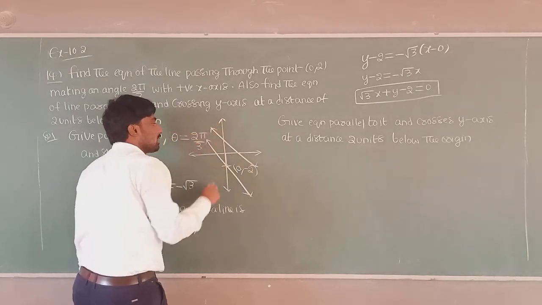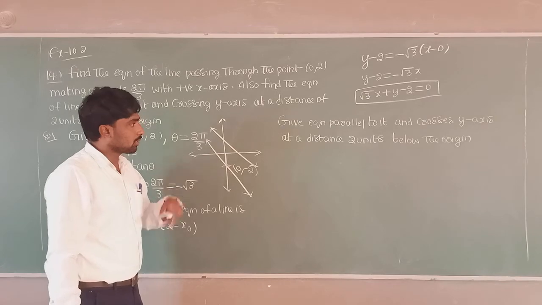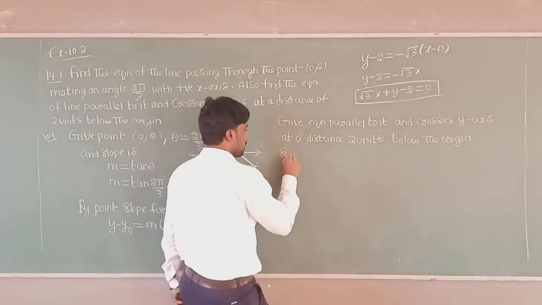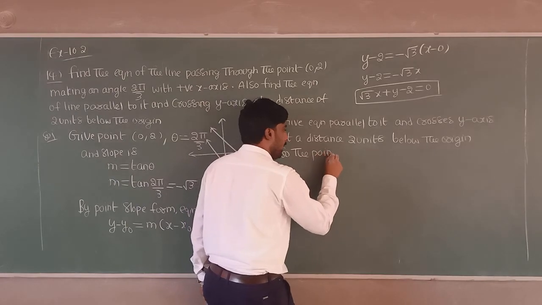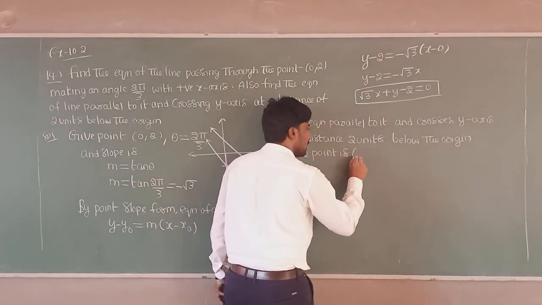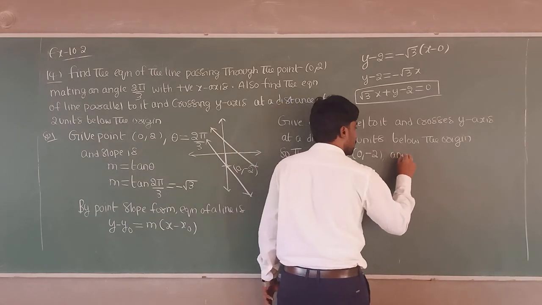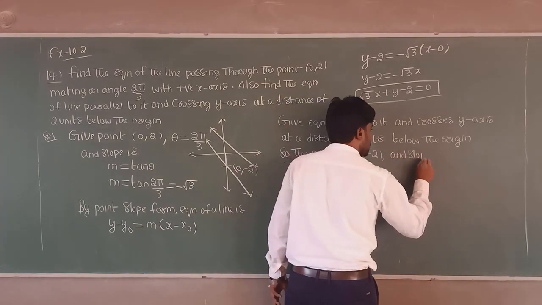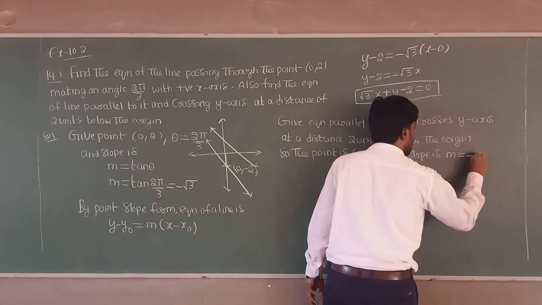These two lines are parallel to each other. I know this line, and I have to find this line. The point on the y-axis is (0, minus 2), and the slope is m equals minus root 3.